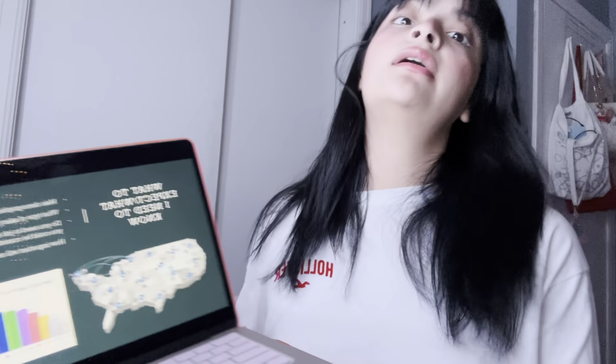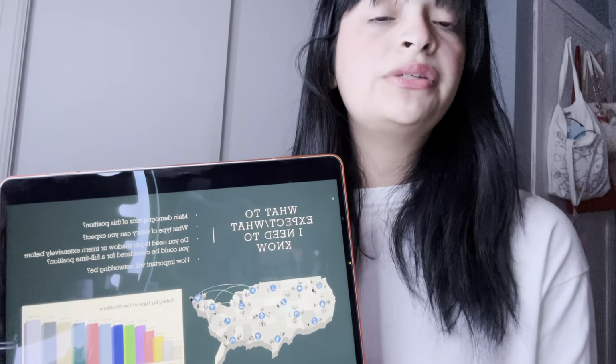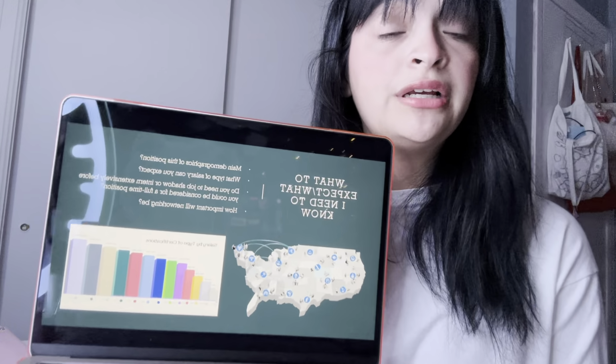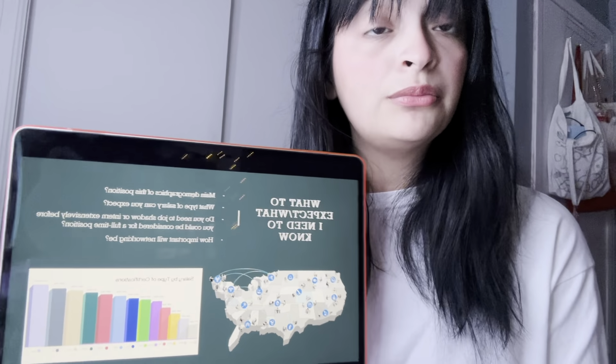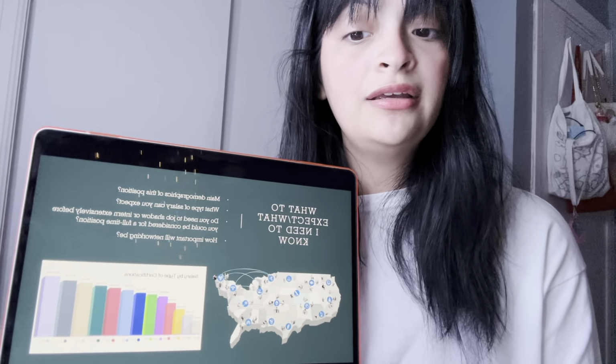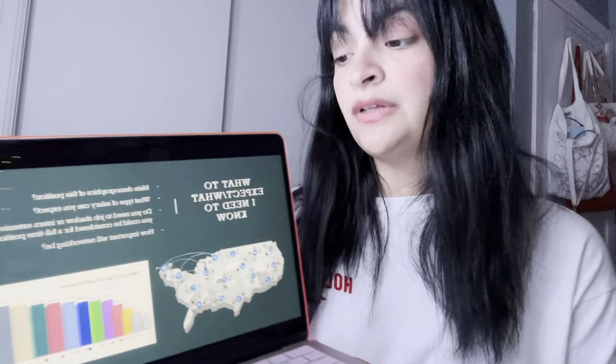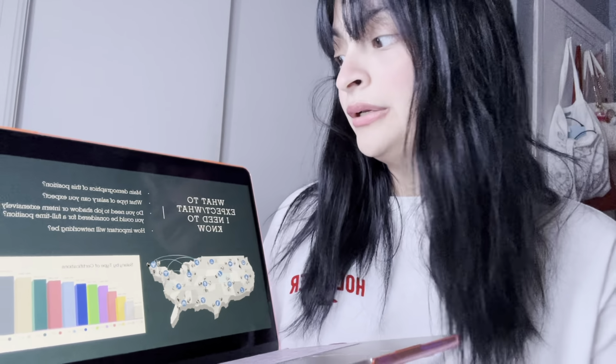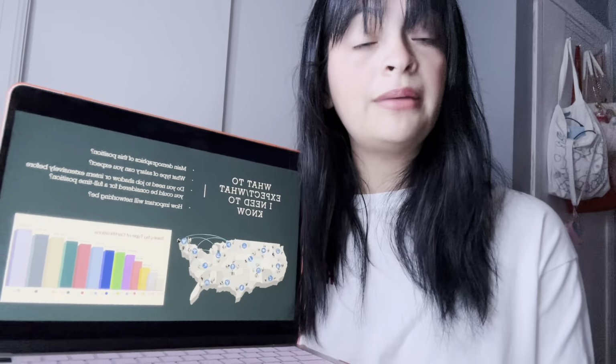Do you need to job shadow or intern extensively before you are considered for a full-time position? Yes. Job shadowing is always so important when you're job searching. It can build more for your resume. It can show that you're really interested in the job, stuff like that. How important will networking be?